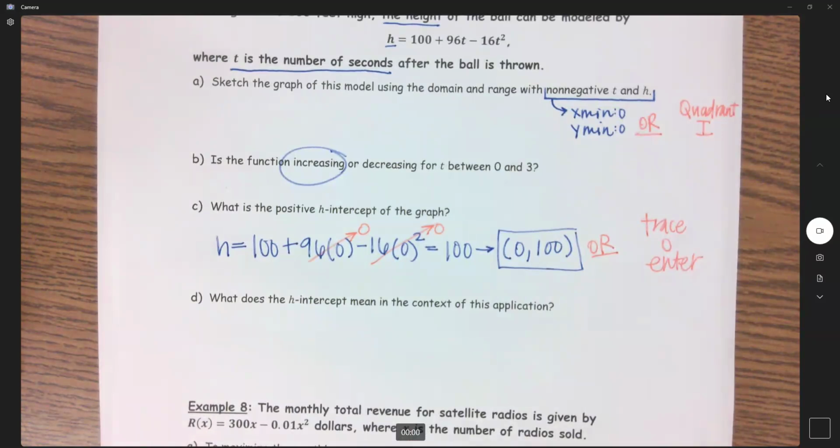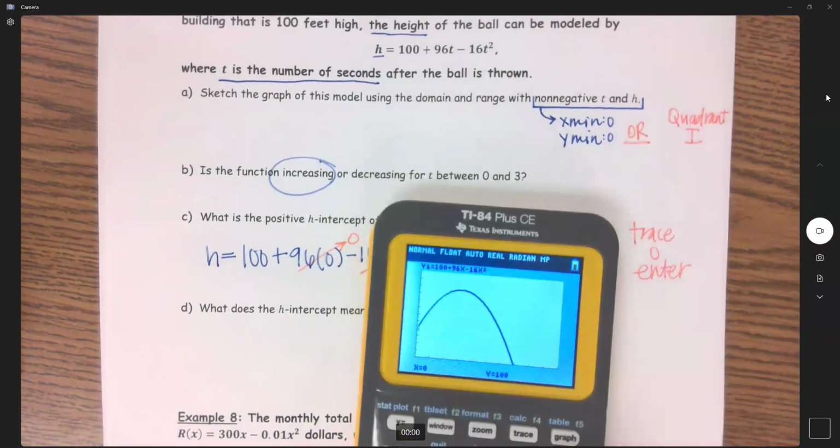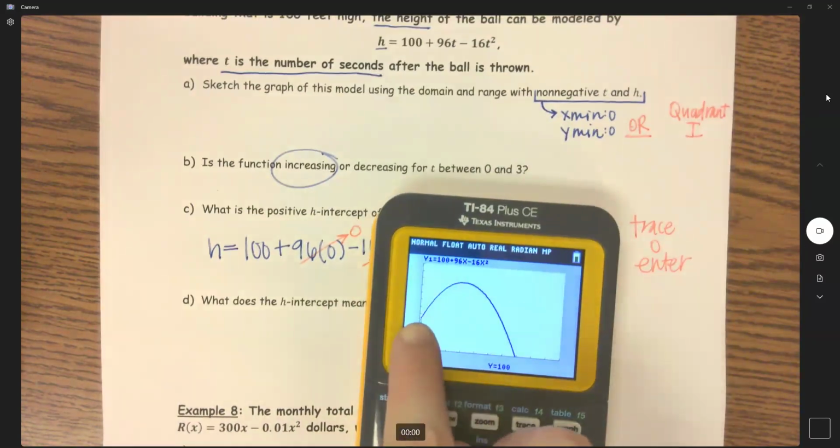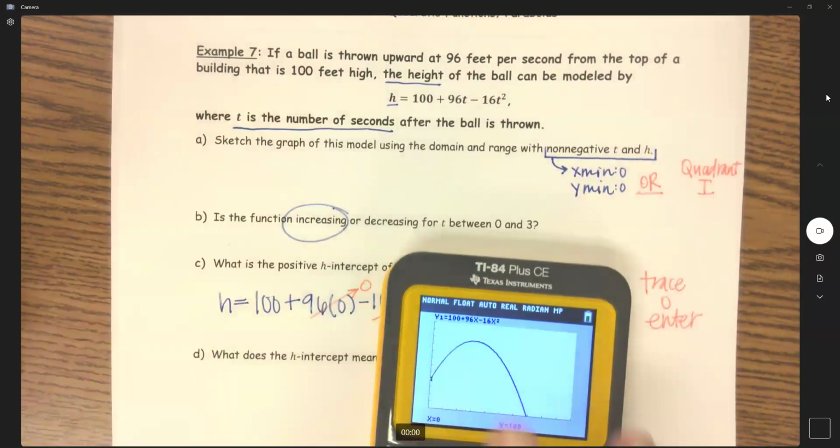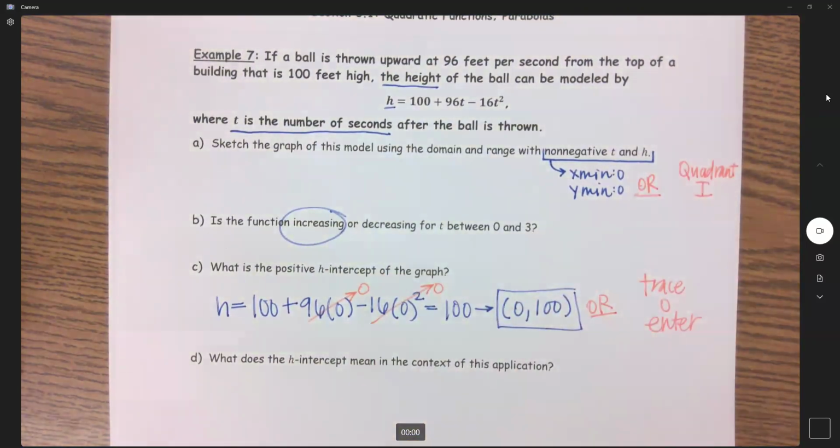So what does the h-intercept mean in the context of this application? Well, I kind of just explained that, right? That should make sense, because what is this starting at? It's starting at the height of this building that's 100 feet high. So you can answer it one of two ways.